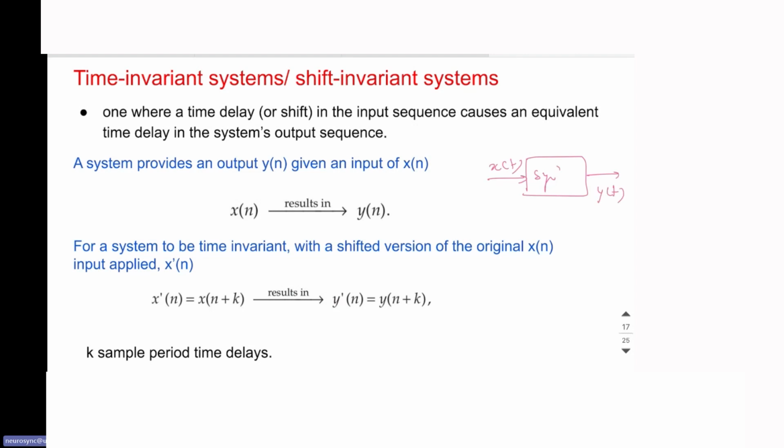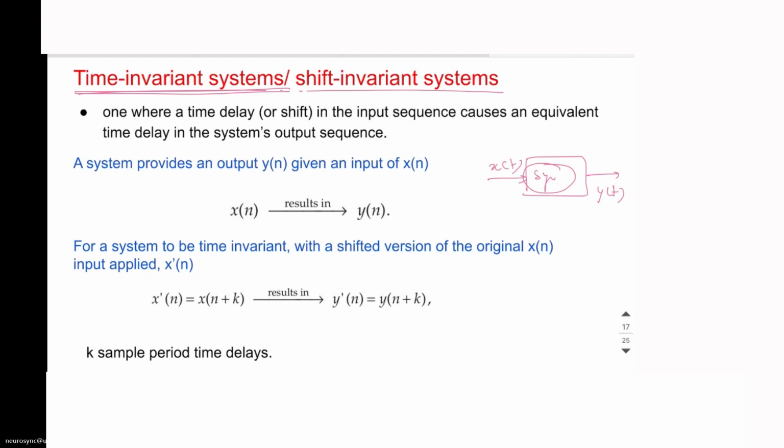Now, these systems can be time invariant systems. There are many types of systems, but in our case, we will be focusing on the time invariant systems. This is also called the shift invariant systems.